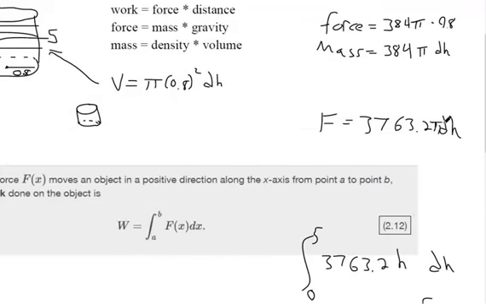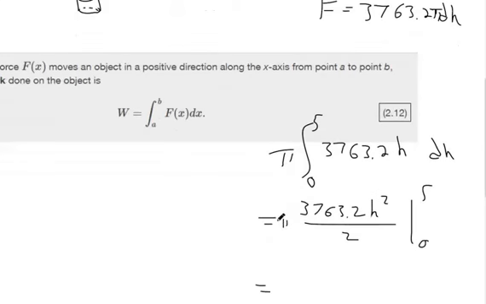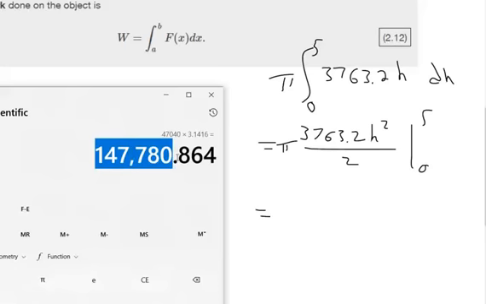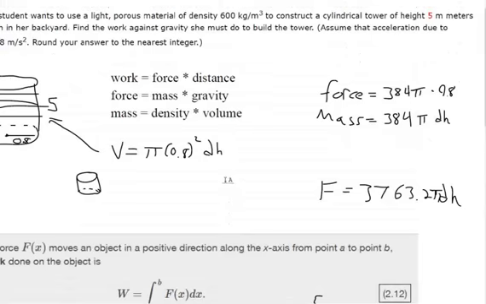That's a big mistake on my part. Force, I dropped pi when I wrote it down, so we still need to have a pi on the outside, so this is times pi. So multiply that by pi. We got 147,780. So 147,781 because the instructions asked us to round to the nearest integer.